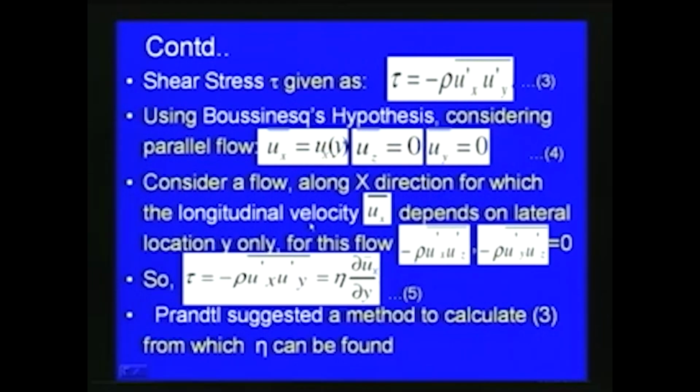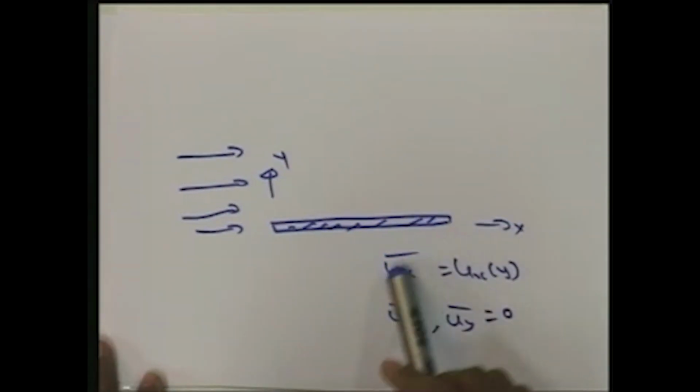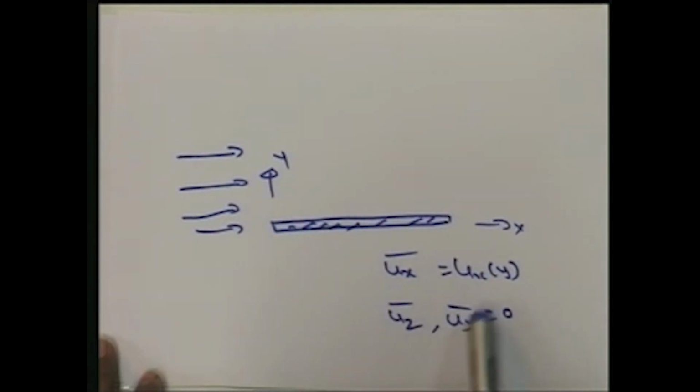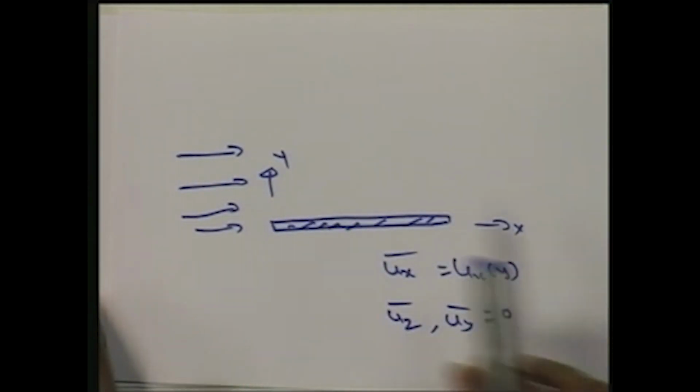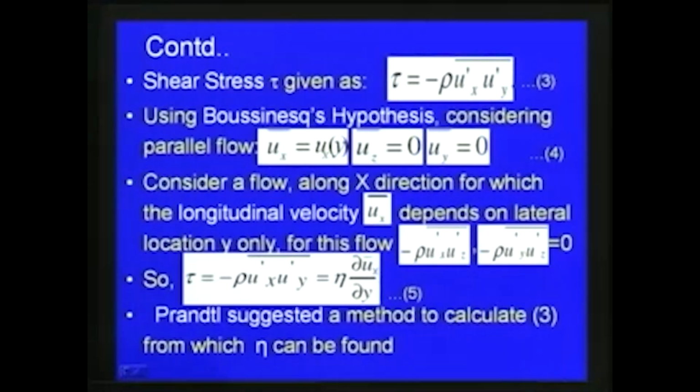For this parallel flow along x direction, the longitudinal velocity u_x depends on the lateral location y only, and the other components are 0. So this is the parallel flow which Prandtl considered to explain the turbulence.